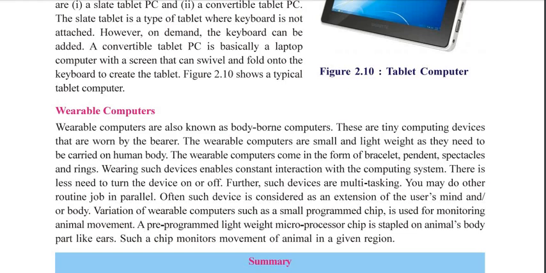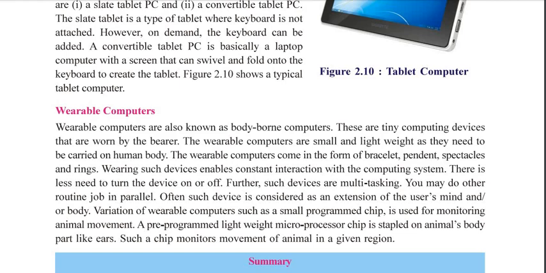Wearing such a device enables constant interaction with the computing system. There is less need to turn the device on or off. Further, such devices are multitasking. You may do other routine jobs in parallel.